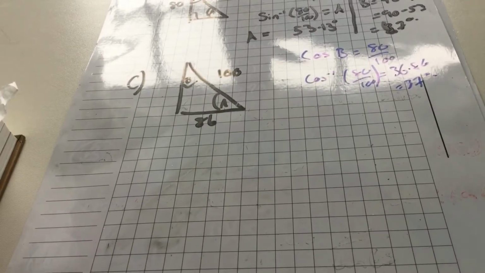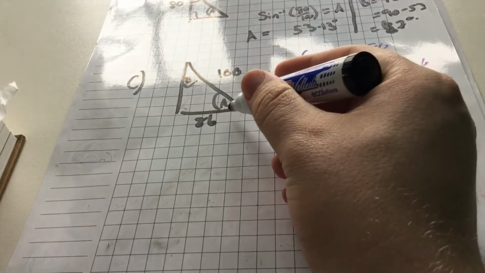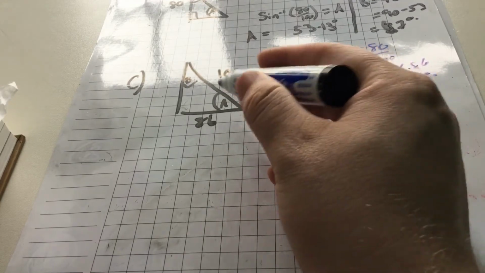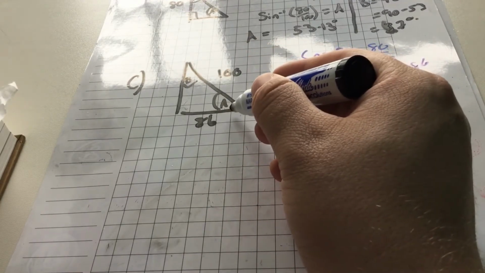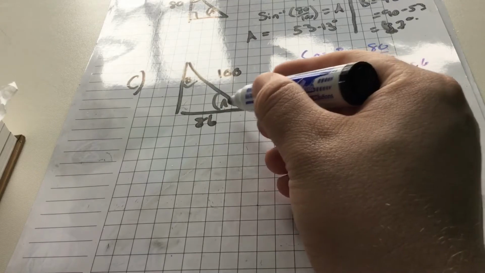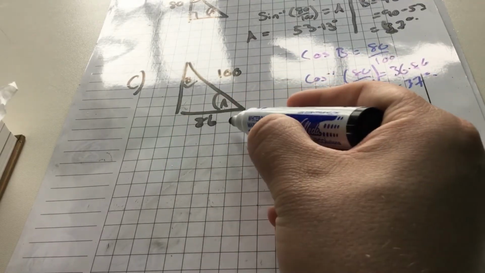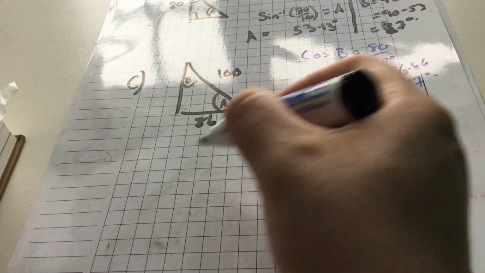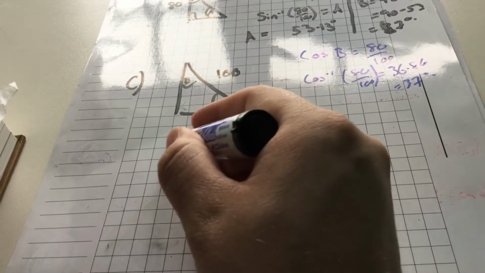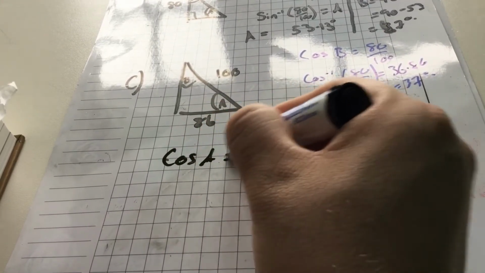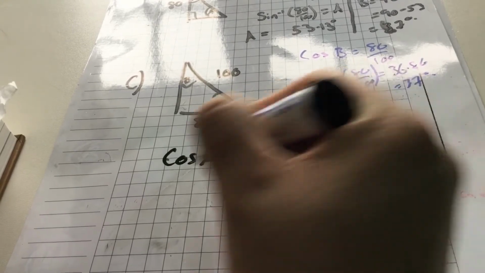Okay, so for C, again, two options. I have to use sine, cosine, or tan for A or B first. So if I start with A, you could start with B, but sure, I'll start with A. A, I have adjacent and hypotenuse. So cosine A is 86 over 100.